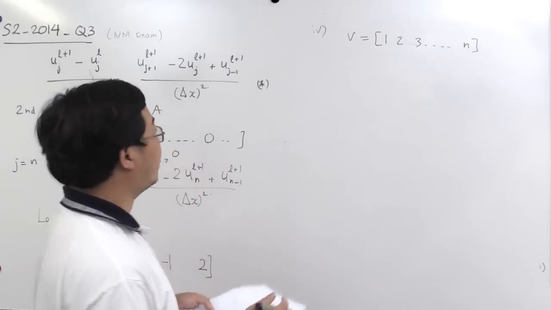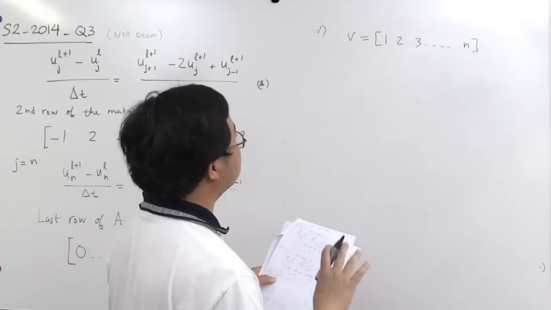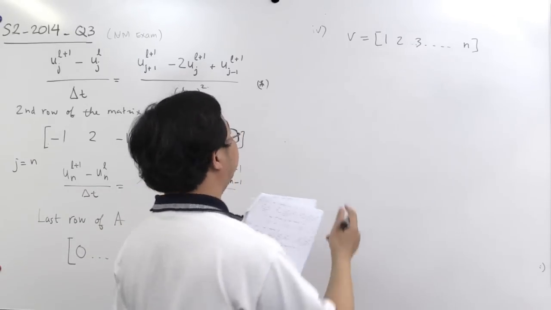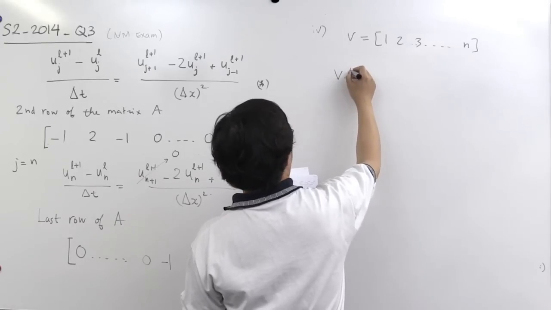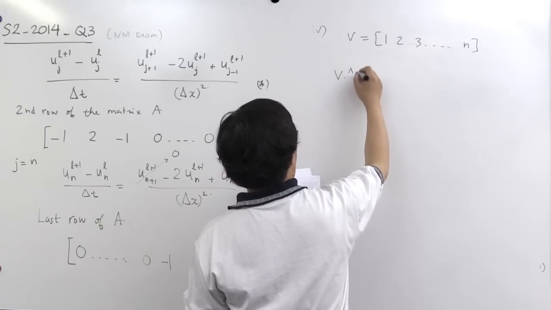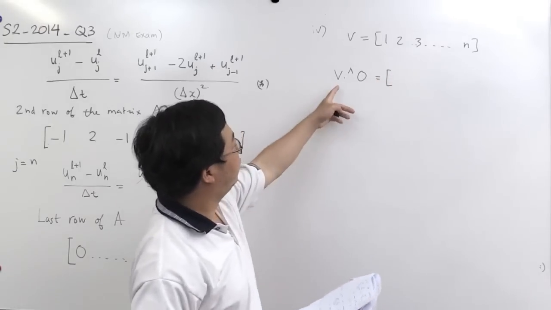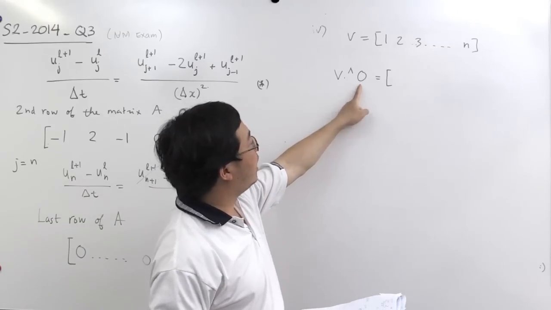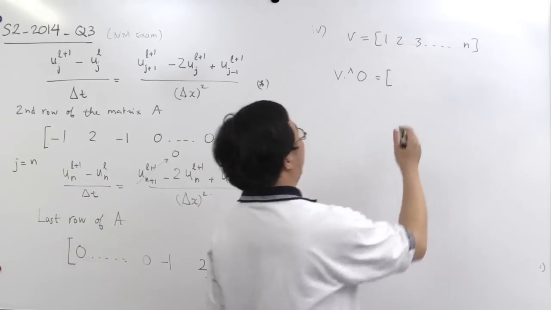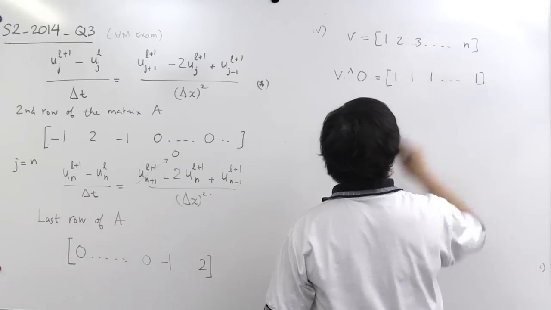Then we have to compute the MATLAB commands. So I just do the command step by step. The first is you take v dot hat 0. It just means that you take every element inside the vector v and you raise it to power 0. If you raise everything to power 0, you just get 1, 1, 1 up to n.